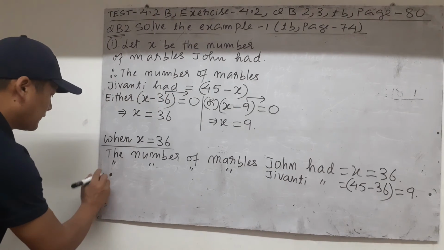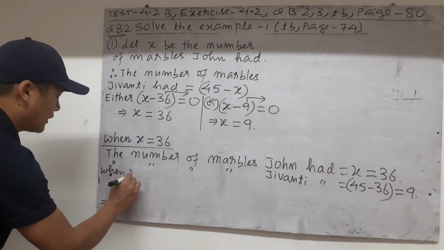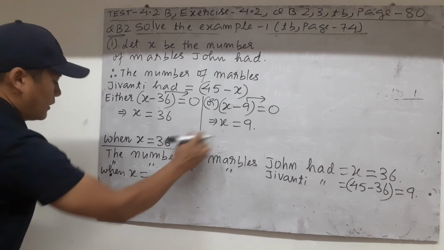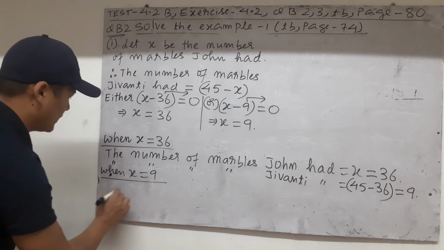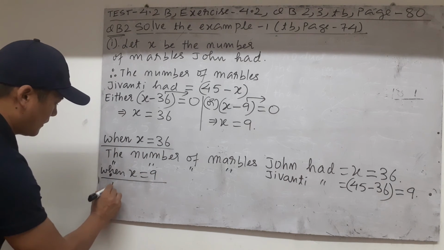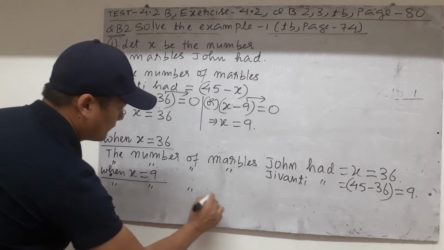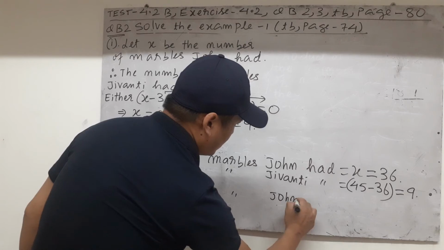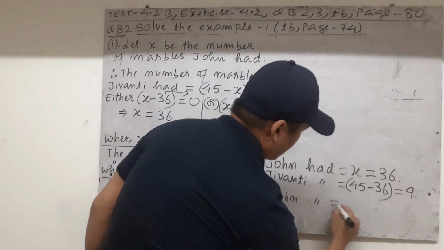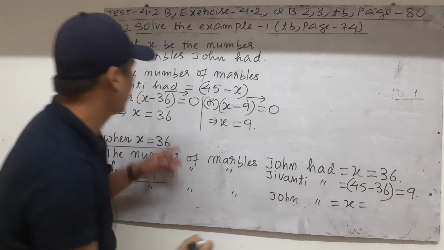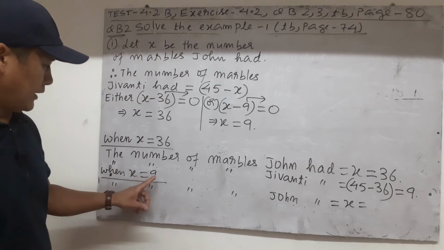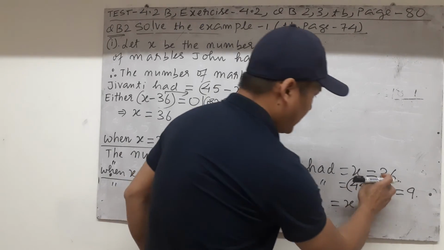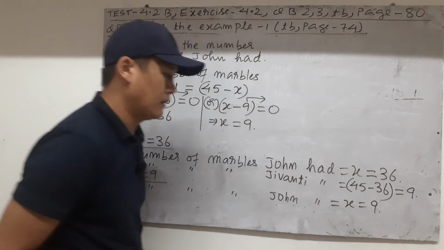But there is another x value, so we have to show that also. When we are taking x equal to 9, then the number of marbles John had is always x. So when we take x as 9, John will be having 9 marbles.